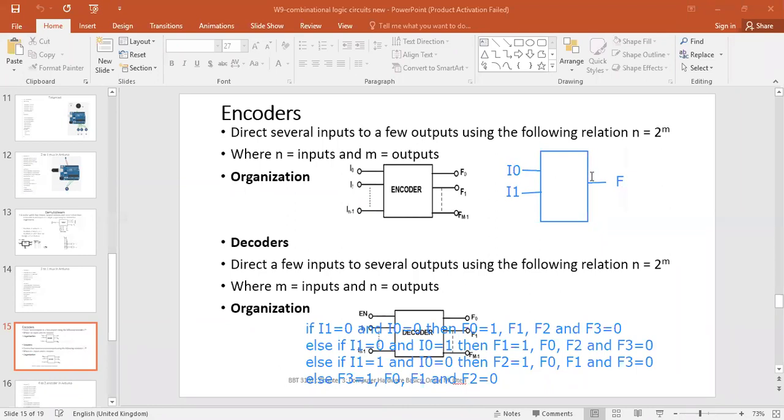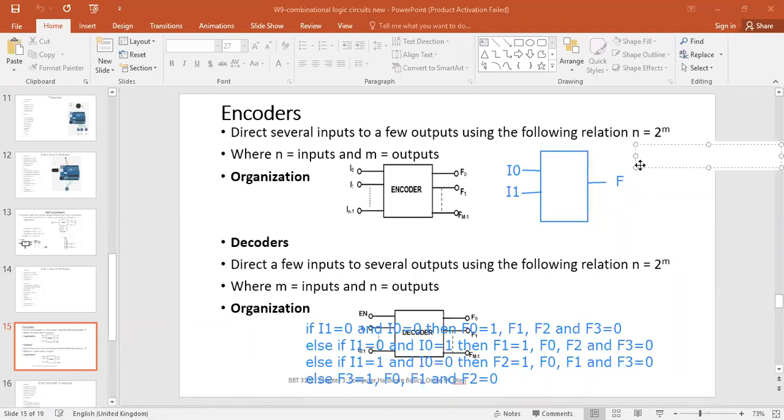When I0 is active, what's F? It will be 0 because we are changing that 0 to binary, which still remains the same.